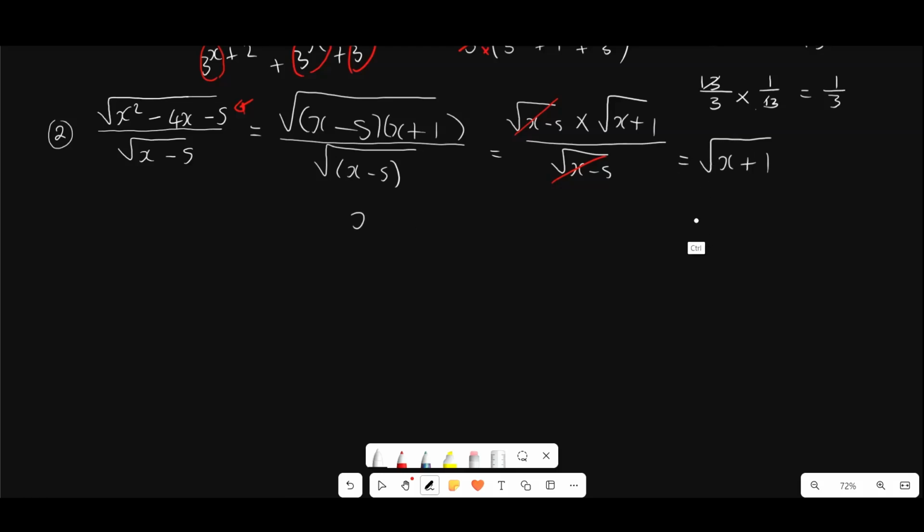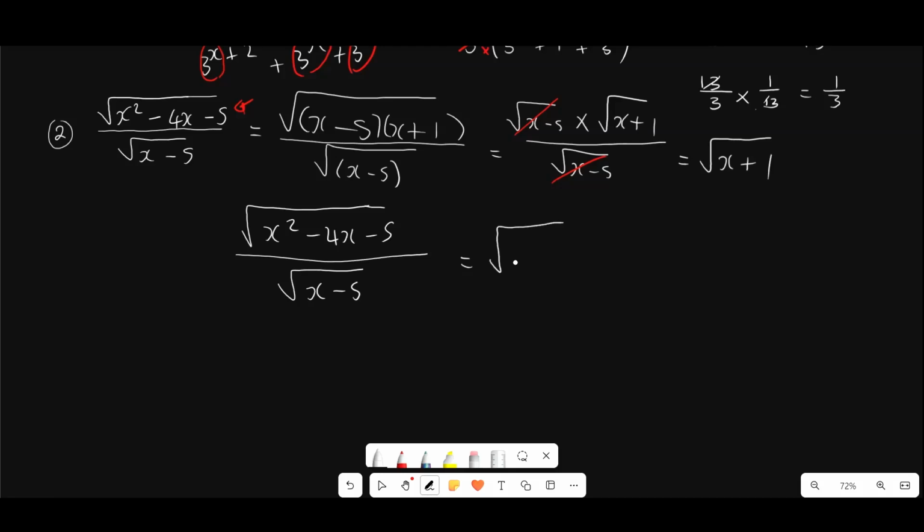So make sure that here, x plus 1, x minus 5, this is 1. Okay, so that will mean that x squared minus 4x minus 5, all divided by root x minus 5, is equal to x plus 1.